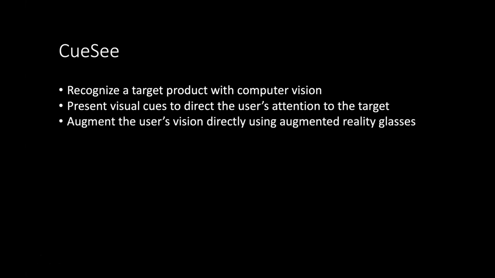Then QC will take the results from the computer vision and communicate it back to the user through a set of visual cues. These visual cues highlight the target product, and they capture the user's attention so they can locate the product. And we wanted to do this using augmented reality glasses or a head-mounted display so that the user can have this sort of augmentation in a hands-free scenario when they're walking around in a grocery store.